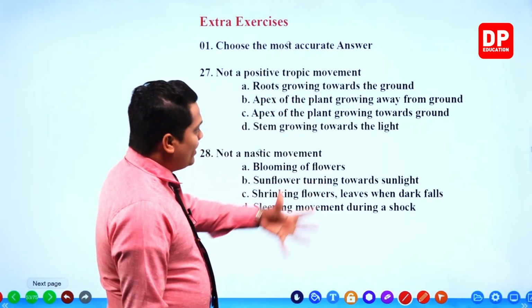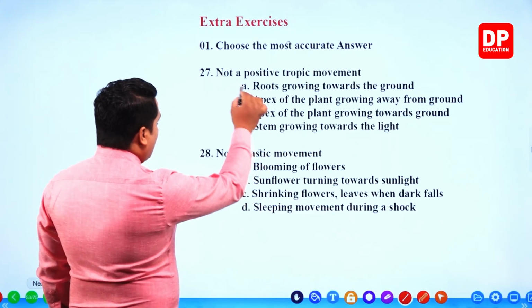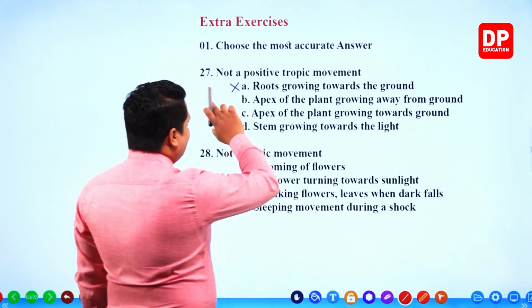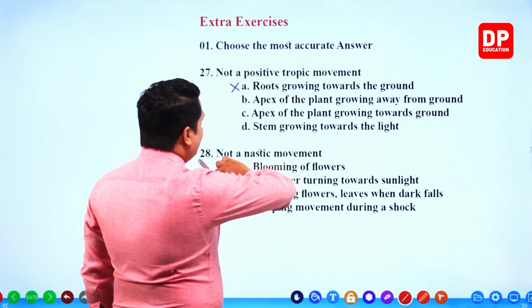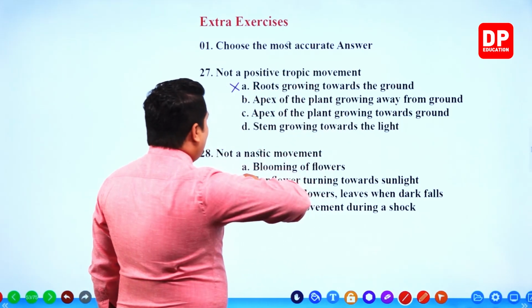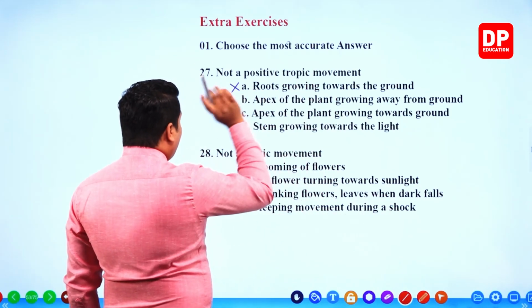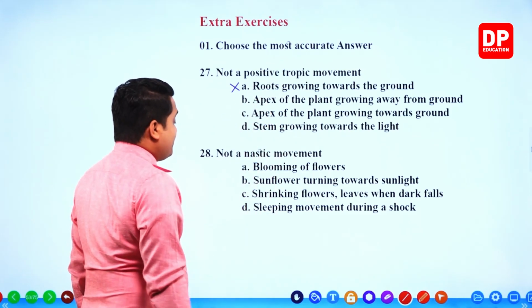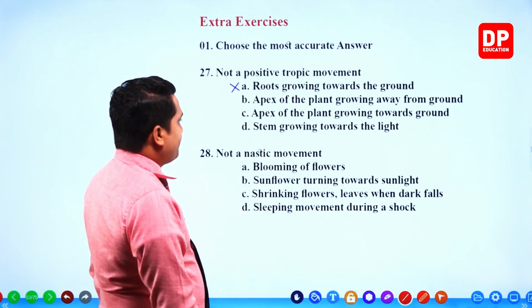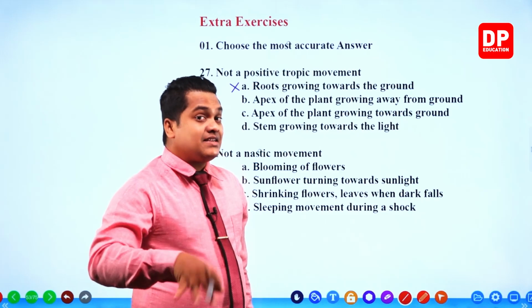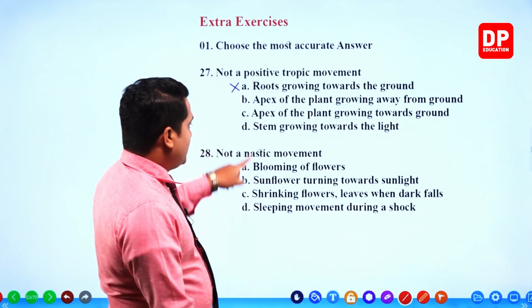Roots growing towards, then we can't take this, as it is a positive trophic movement and towards is there. We are selecting not a positive one. That means it should be a negative one. So select the one which has away, not towards.